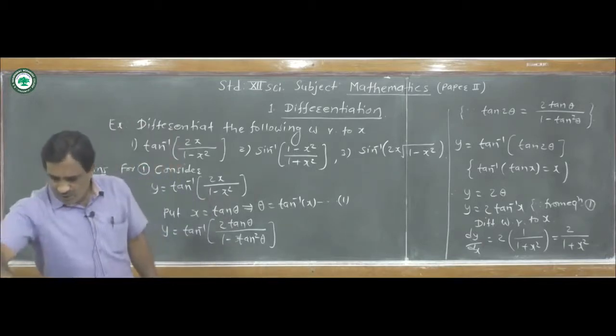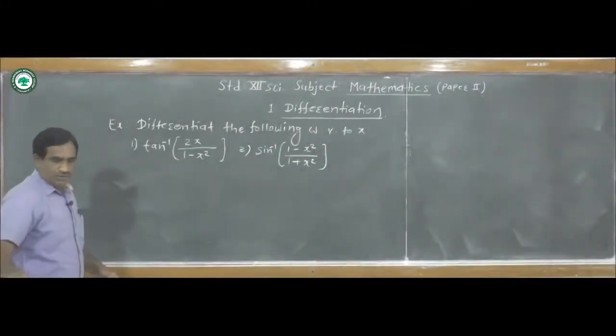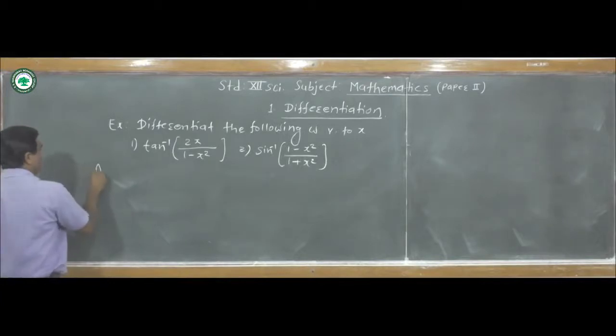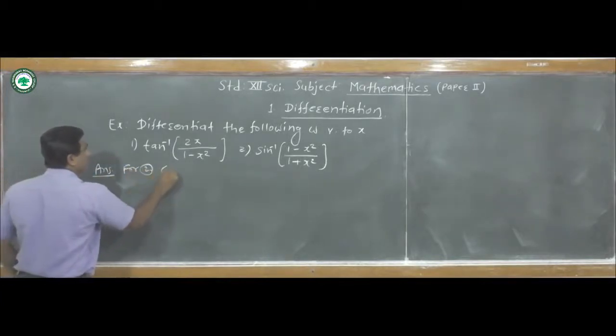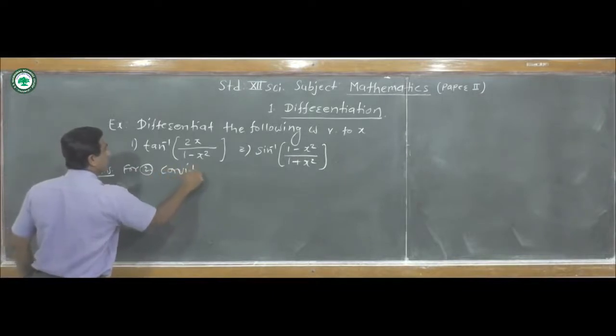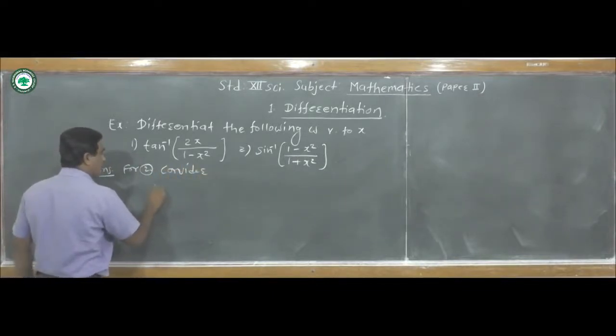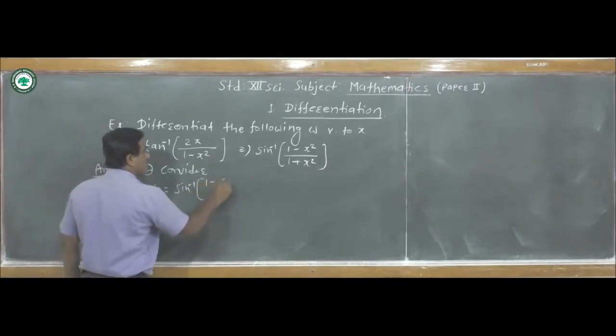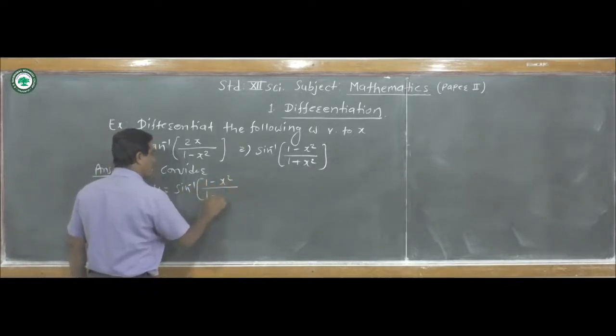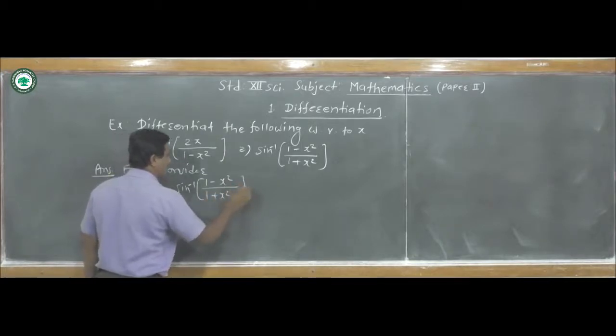Now we see answer for second example. Consider y is equal to sin inverse of 1 minus x square upon 1 plus x square.